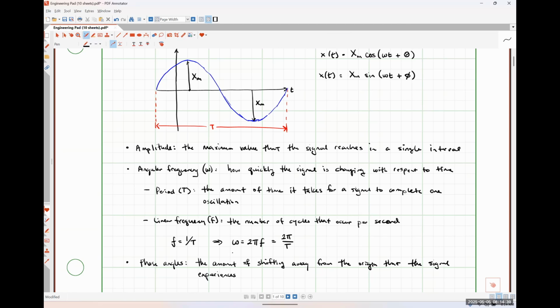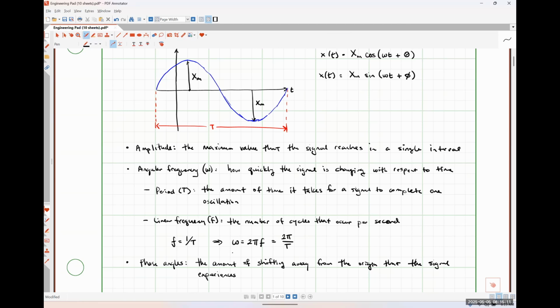But anyways, what's cosine of x for x equal to 0? 1, right? So realistically, what we expect to have happen with the basic level of a cosine function is that it's going to hit its peak value at t equal to 0. Okay. Well, we can see very easily that this guy hit its peak value at some time later than t equal to 0. And our phase angle is representative of that time shift of our signal.